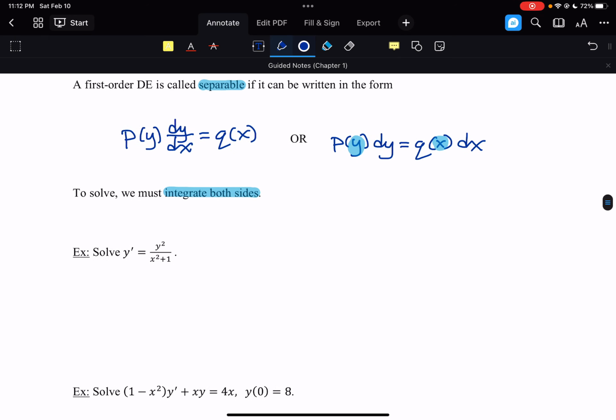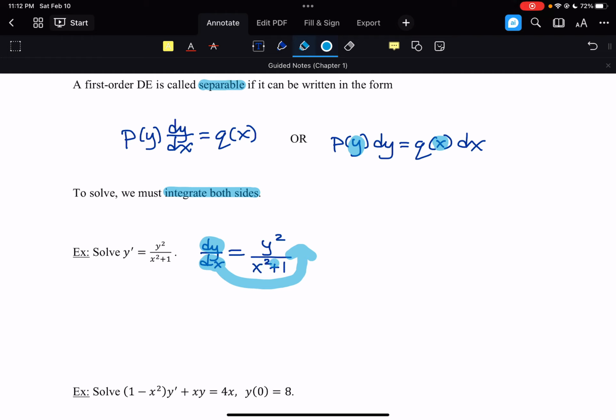Solve y prime equals y squared over x squared plus 1. Let's set this up using that Leibniz notation, dy/dx equals y squared over x squared plus 1. Now, if we're going to separate these, dy can stay over here. Dx, however, because it's in the denominator, needs to come over to this side.